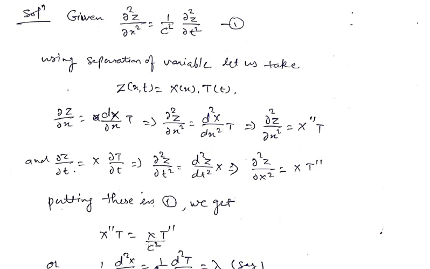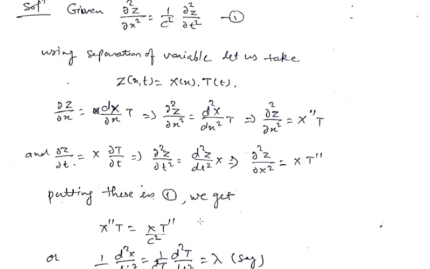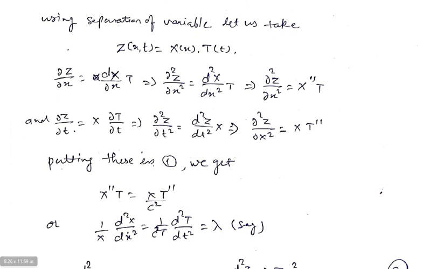So on the left hand side, X'' T = (1/c²) X T''. Or we can rewrite it by dividing this equation by capital X and capital T, and we get (1/X) d²X/dx² = (1/(c² T)) d²T/dt². So they are both independent separate terms in x and t, so we can assume these equal to some constant lambda.